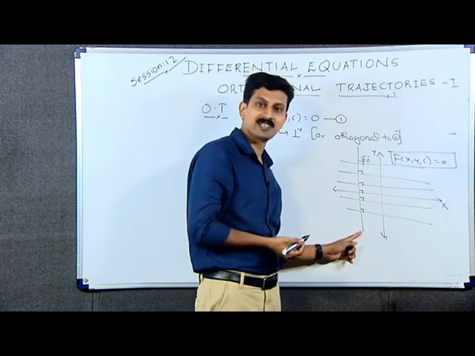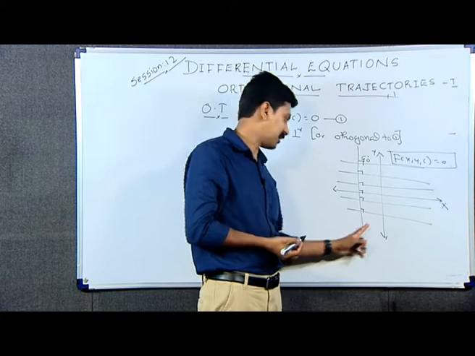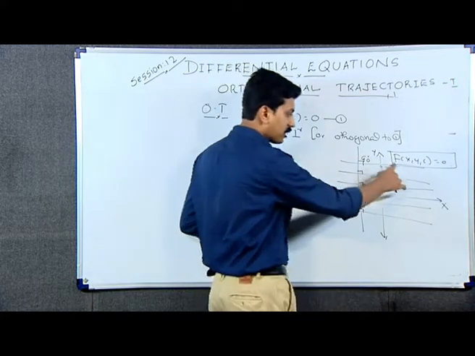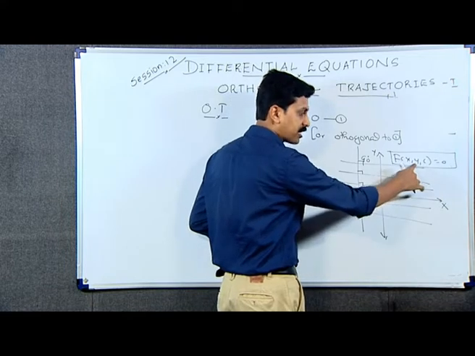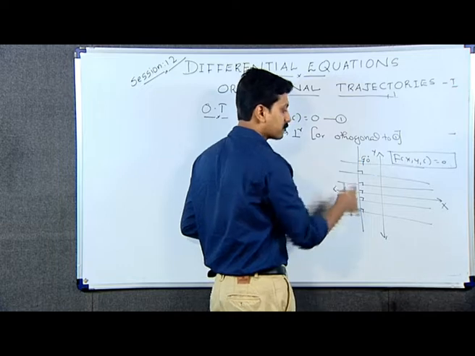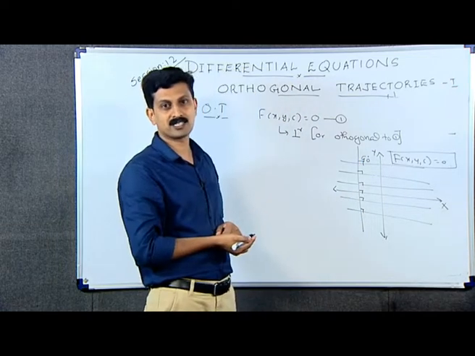This line is a straight line parallel to the y axis. So we can say that the orthogonal trajectories of the family of straight lines parallel to the x axis are the lines parallel to the y axis.